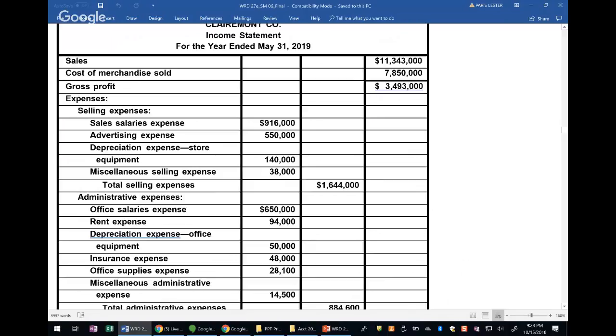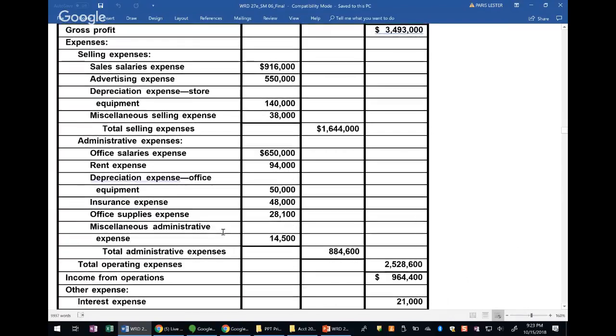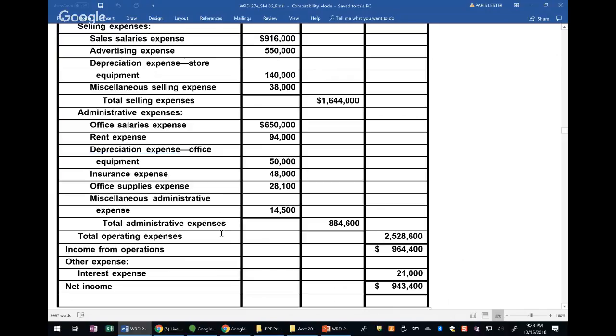Then you've got administrative expense. And you've got income from operations, $964,400. You may have other income and other expenses. Interest expense of 21 leaves your net income of 943.